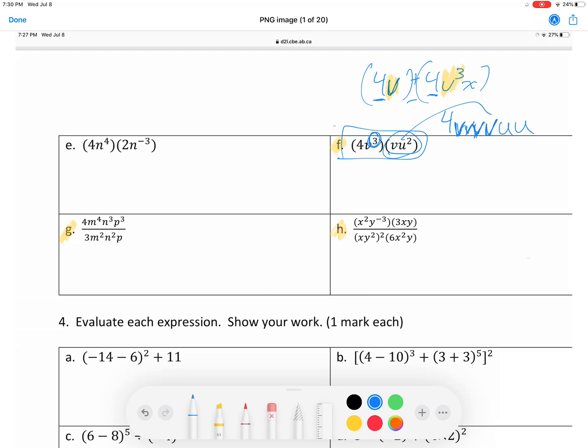Don't know why they use v and u, they look so similar. When we're simplifying this, all we need to do is add them up. I have 1, 2, 3, 4 v's, and I have 1, 2 u's. There's our answer. The commutative law also states that if I'm multiplying, the order doesn't matter. So this one here, I'm going to have 4v4u2.